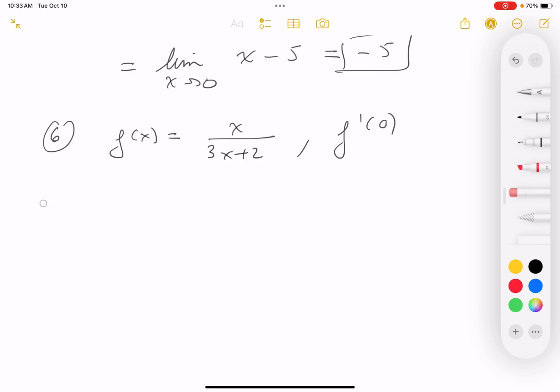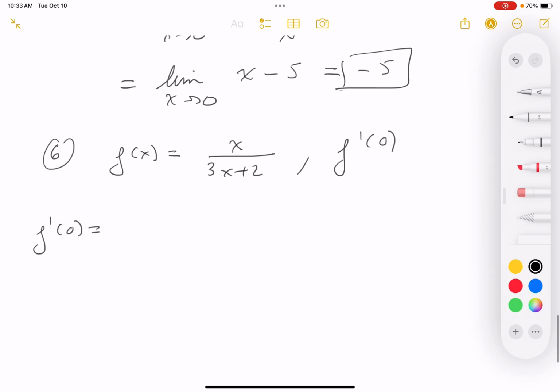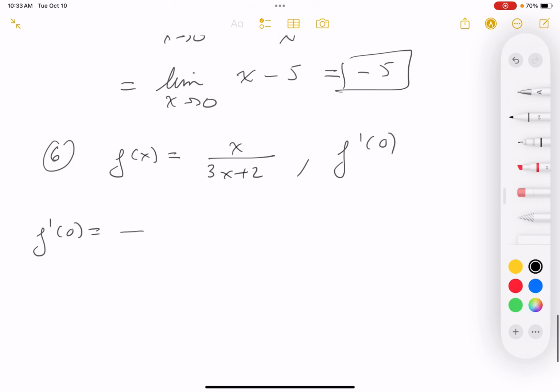So it's going to be f prime of 0, which is going to be a limit. The limit as x goes towards 0 of f of x minus f of 0 divided by x minus 0.